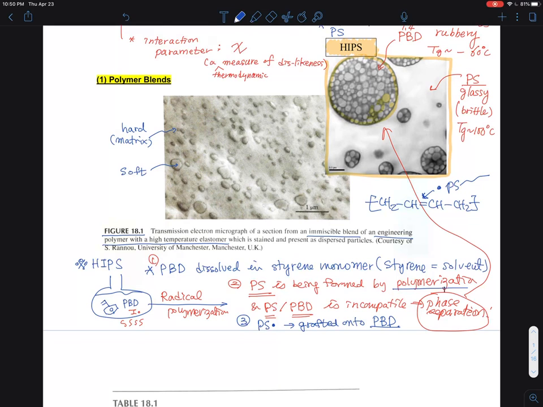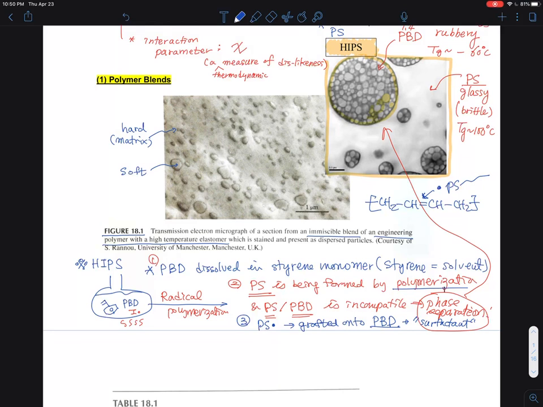And once you form that, it's almost like you are making an amphiphilic molecule, a graft copolymer, right? So then it's almost, quote-unquote, a surfactant, being produced while you are undergoing the polystyrene polymerization.